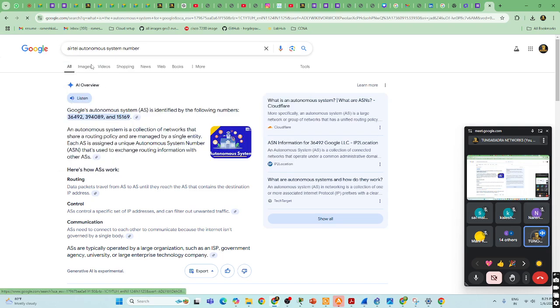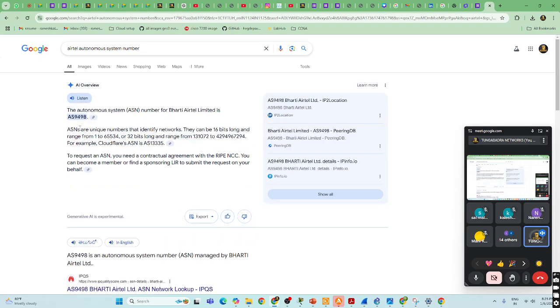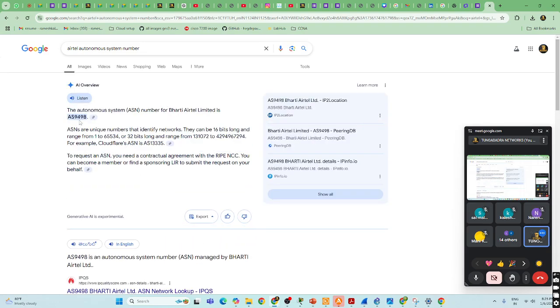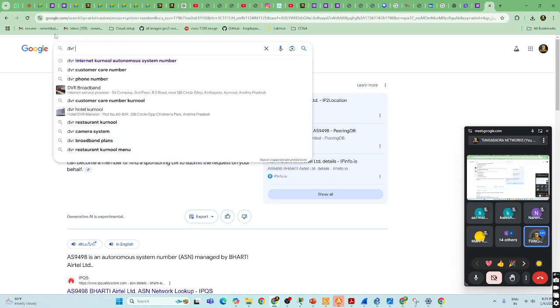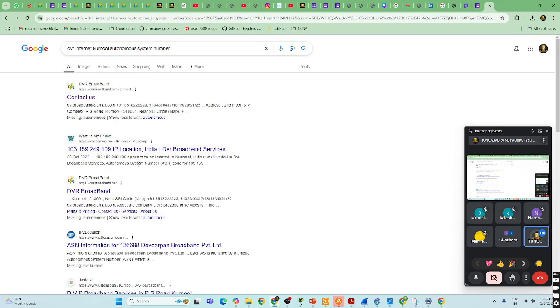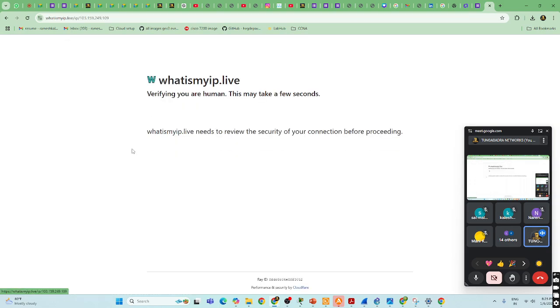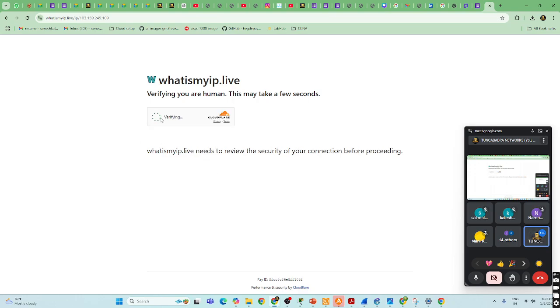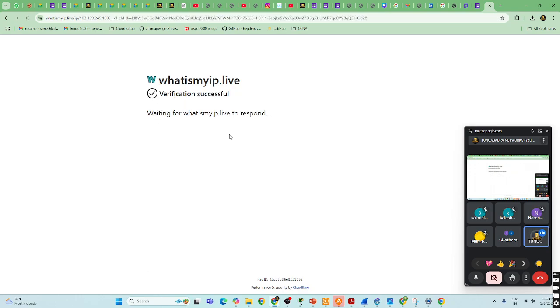And you can ask for the Airtel autonomous system number. Let's ask for the Airtel autonomous system number. So what is that? 9498 is the Airtel autonomous system number. Clear? This is the Bharti Airtel autonomous system number. So I'm using a local internet connection. Let's see what the autonomous system number is. Let's check. I'm using a local broadband connection.